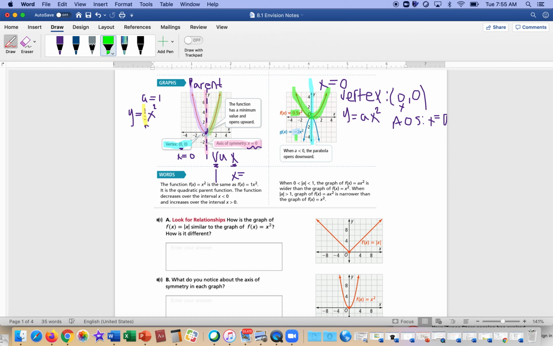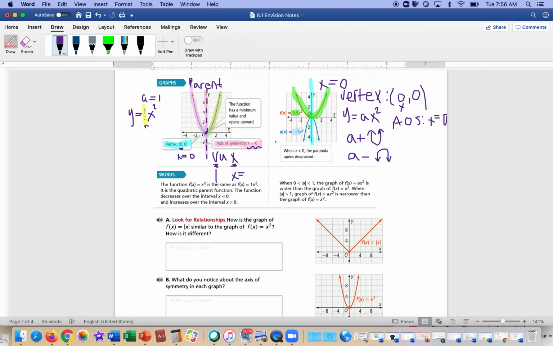And if we look at the bottom one, the a value is negative. Therefore, we can come to the conclusion that if the a value is positive, our graph is going to open upwards. And if our a value is negative, our graph is going to open downwards.